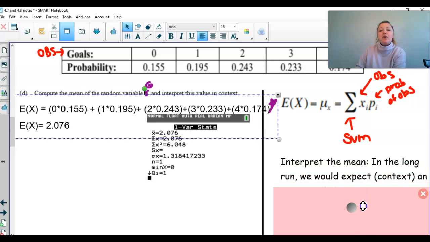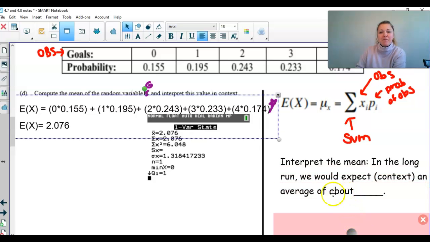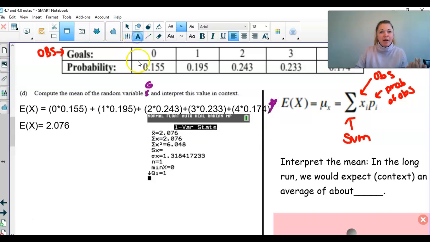Before we get to that though, we need to know how to interpret the mean. When you're interpreting the mean, you're always going to use this sentence frame. In the long run, we would expect the number of goals scored in a soccer game to be an average of about 2.076 goals. So let's type that out right now.